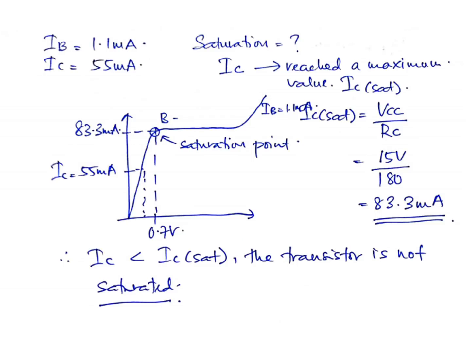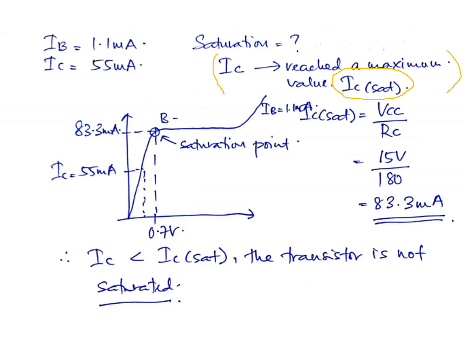The next question is to determine whether the transistor is saturated or not. What is saturation? Saturation happens when IC reaches a maximum value, which we call IC saturation. How do we determine IC saturation?